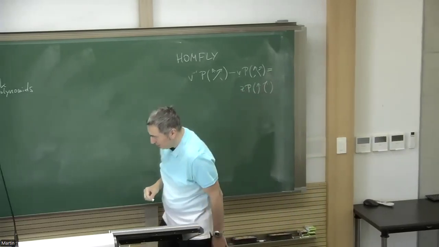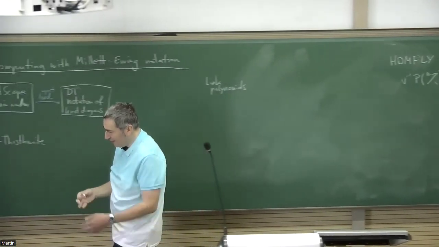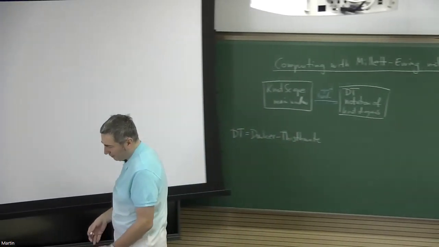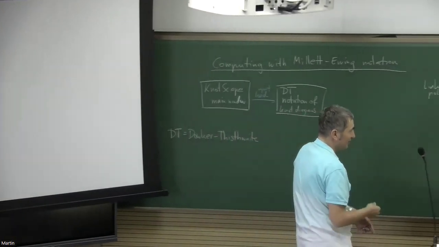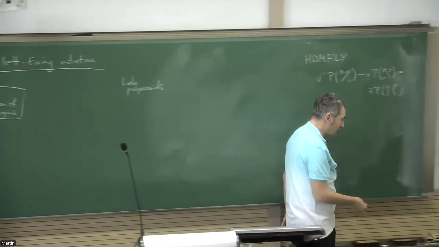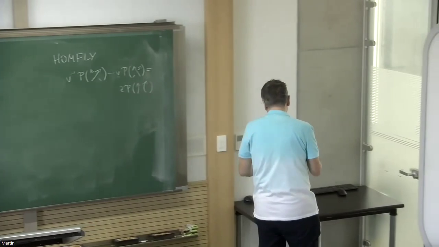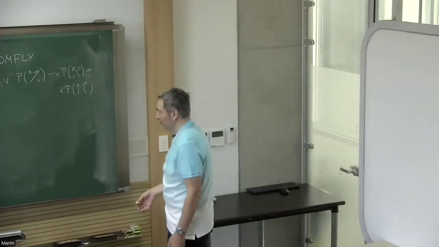This means when you have three links with diagrams equal except at one place, their polynomials are related by this relation, and you can use this to explicitly compute the polynomial.